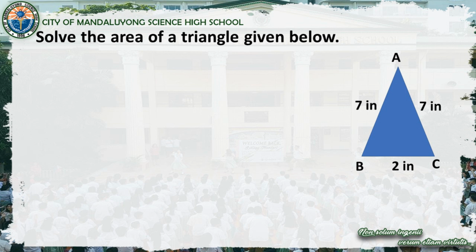But don't you know that there's a particular formula that helps us to solve the area of a triangle given the sides? That is Heron's formula.